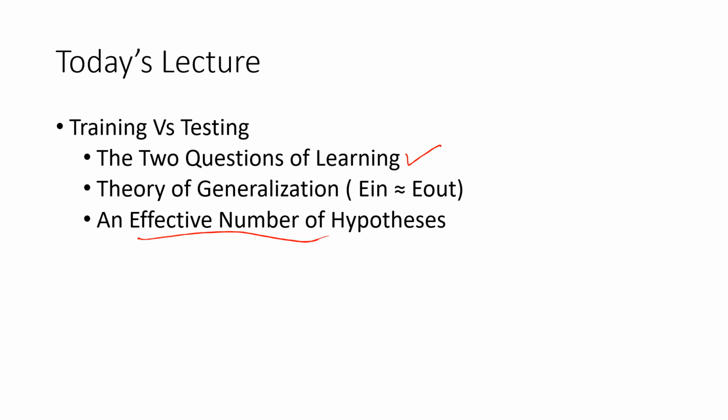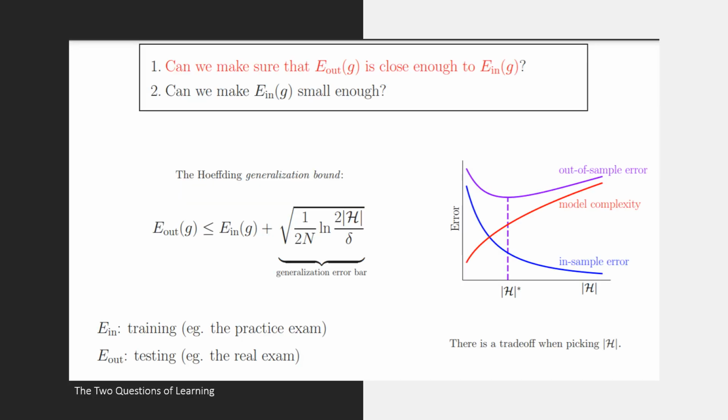Okay, so without wasting any time, let's quickly check what we did in the previous lecture. Remember when we talked about the feasibility of learning, and eventually we came up with the answer that yes, learning is feasible, there were two major questions that we wanted to answer.